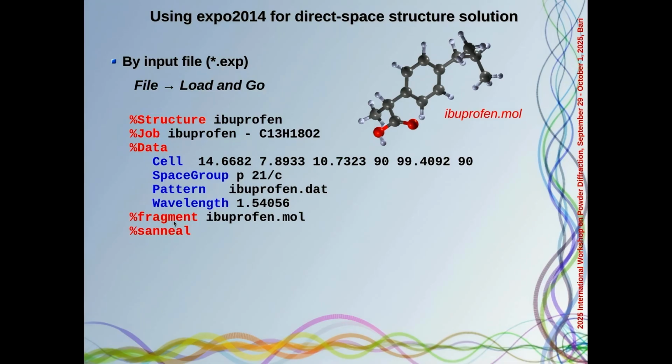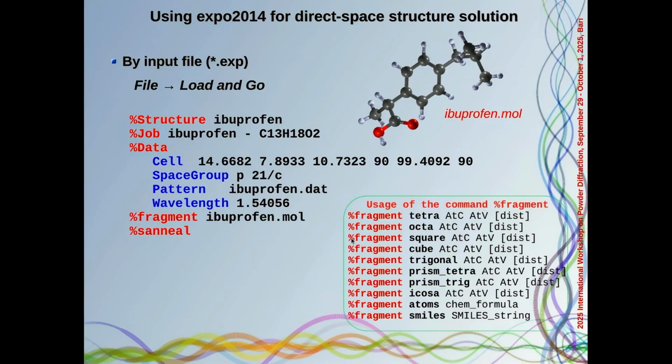The command %fragment is the important command to load the starting model, and then you add the command %SA to run the real space method procedure. %fragment is powerful because if you associate it with a keyword, you can load specific geometries such as dodecahedra or octahedra, or use the keyword atoms to load isolated atoms by specifying the formula.